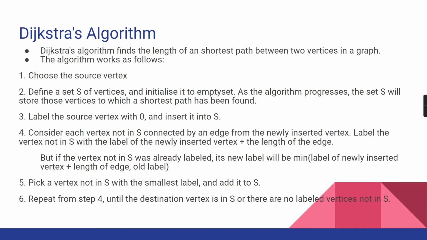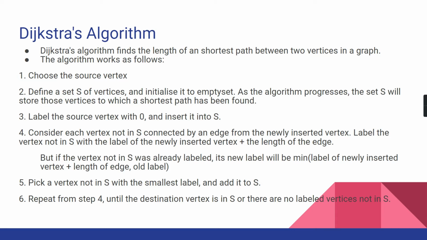In step 3, we're going to label the source index with 0 and insert it into the set. In step 4, we consider all of the neighbors of the source or whichever node we're on. So we consider each vertex not in the set connected by an edge from the newly inserted vertex.